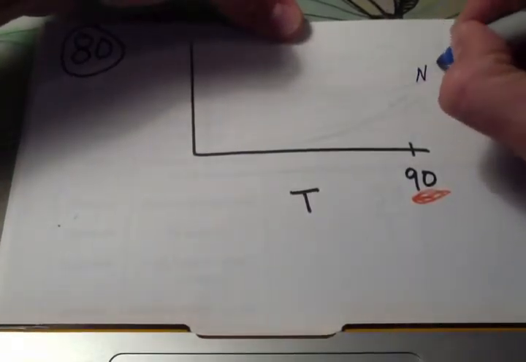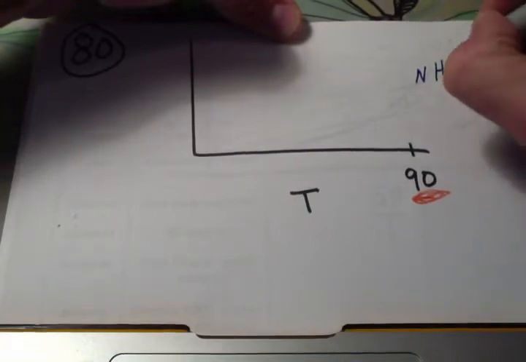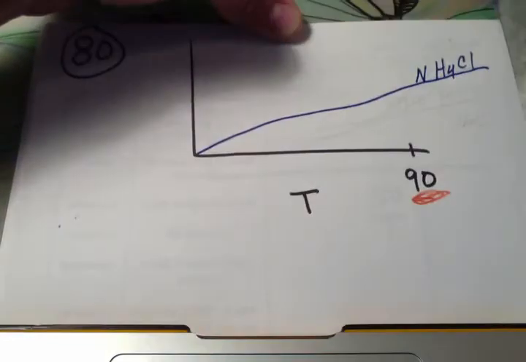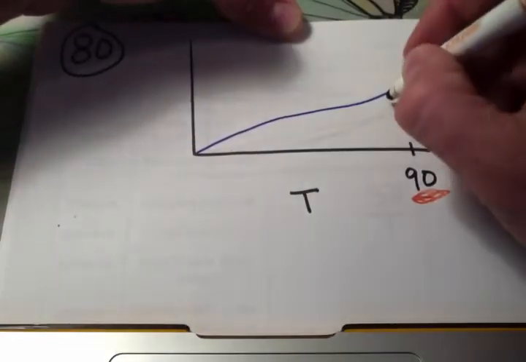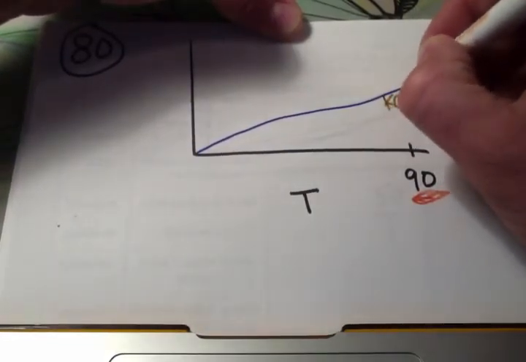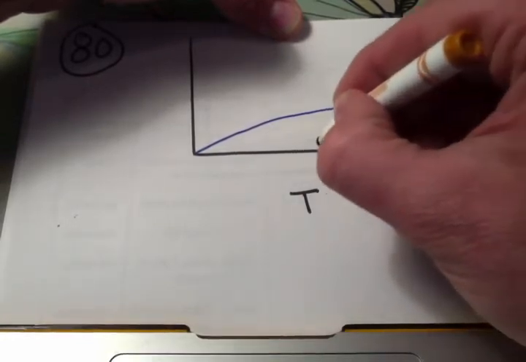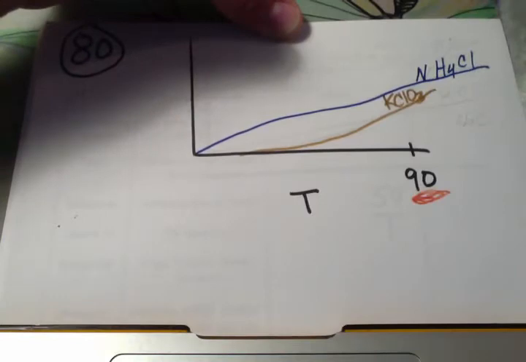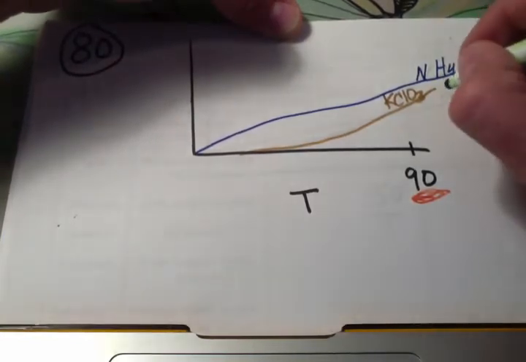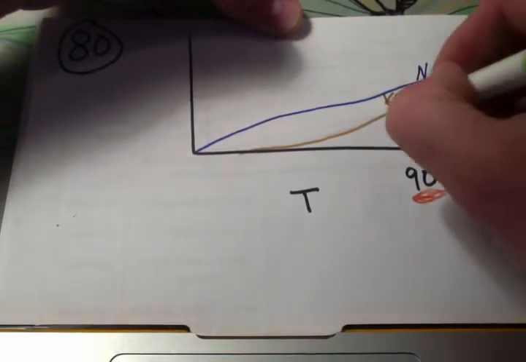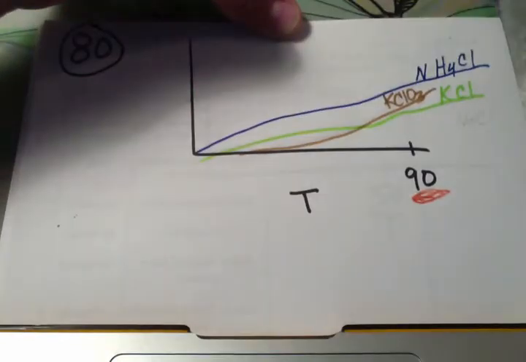They give me this stuff called ammonium chloride, and that goes like that. They'll give me another stuff called potassium chlorate, and that goes like that. They give me this other stuff called potassium chloride, and that goes like that.